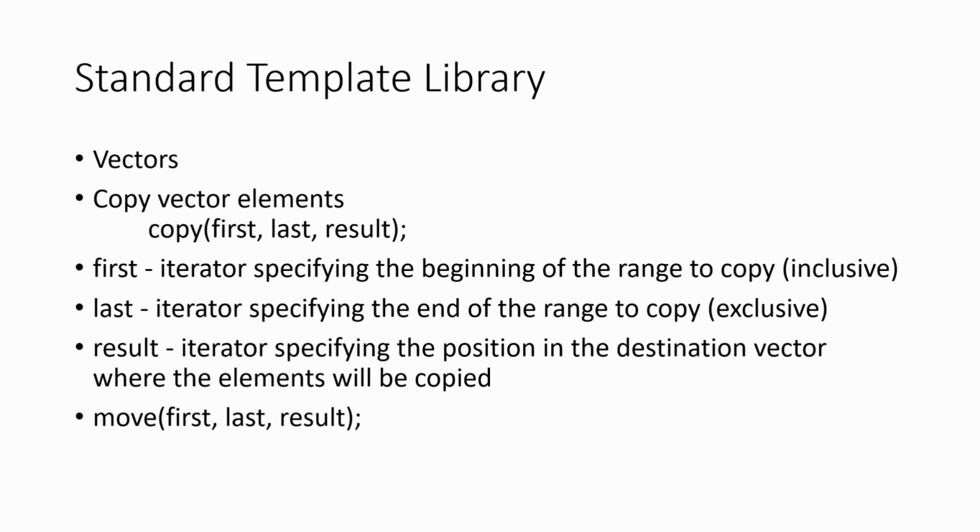The first one is the iterator specifying the beginning of the range. The last is the iterator specifying the end of the range. So like I said, think of it as an index. So first and last, you're going to keep using it.